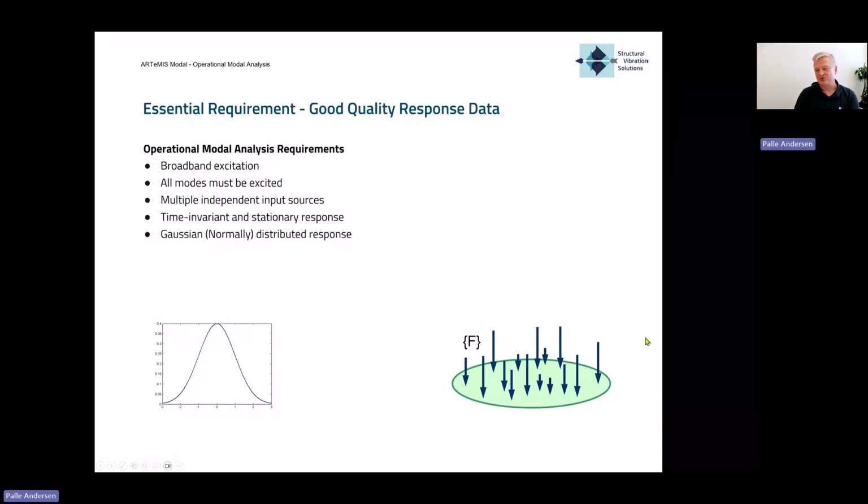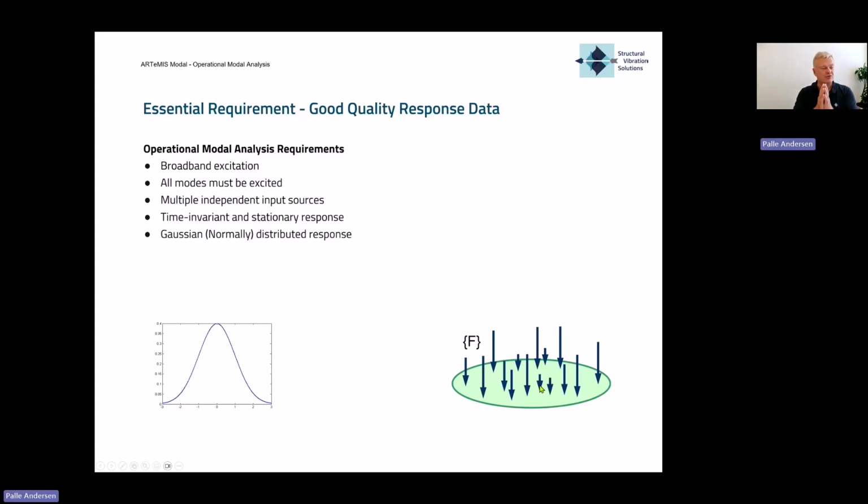So you can say, I'm trying to draw it here, that there should be many things affecting the structure at the same time, and they should also be independently doing the excitation they're doing. Because this is a requirement. If you don't get more than a single input, we will have troubles separating modes that are very close.